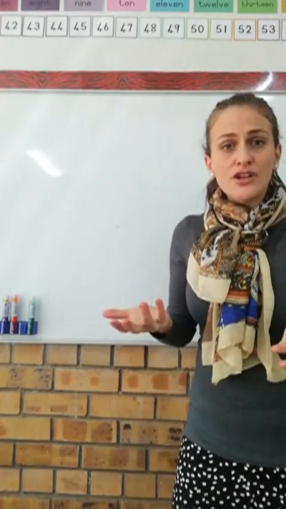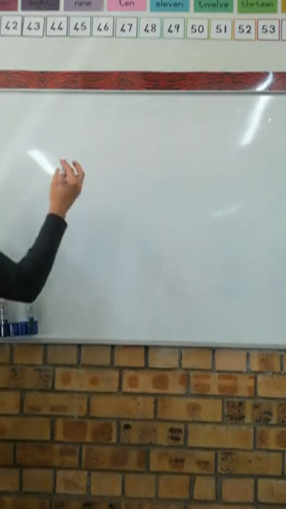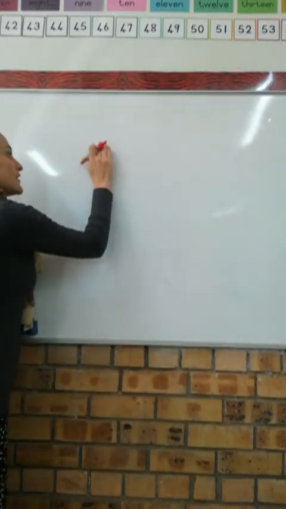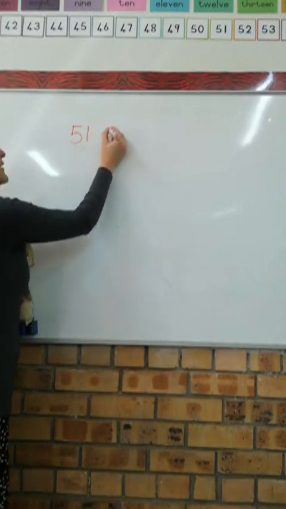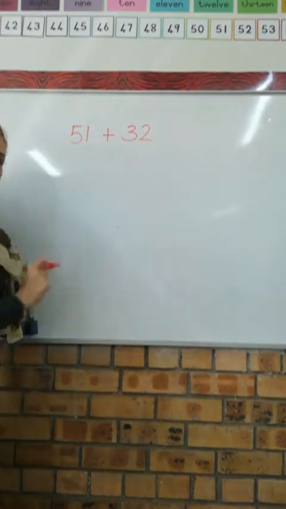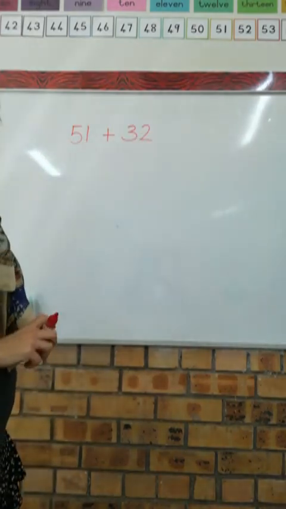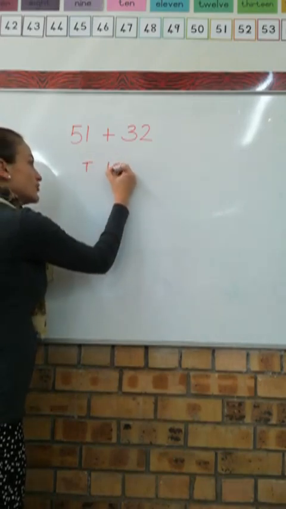Okay, let's do an example together quickly. The sum I'm going to write at the top over here is 51 plus 32. That's the sum that we have to do. Now, remember, we've got the tens and we've got the units.